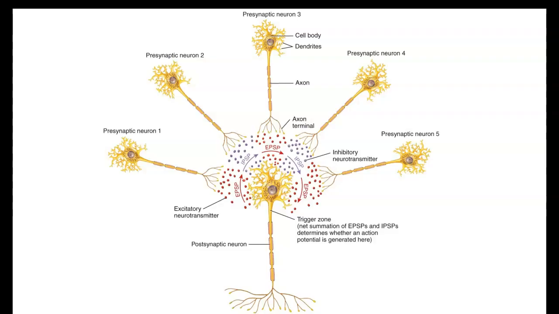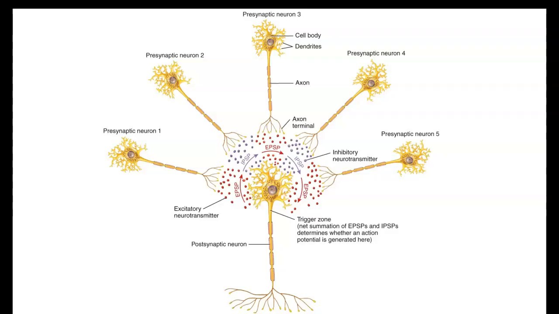And so coming in, you can see here with this specific neuron, you're going to have 5 different presynaptic neurons that are going to attach and come in and send responses in. And so you have 3 that are going to be excitatory neurotransmitters that are coming in. You're going to have 2 that are going to be inhibiting neurotransmitters that are coming in.